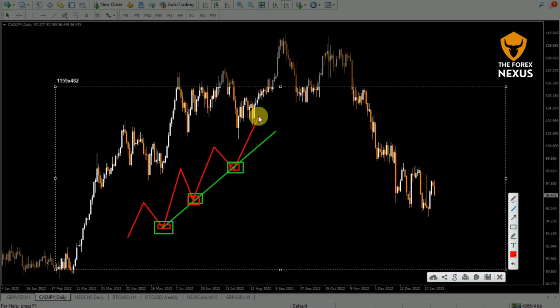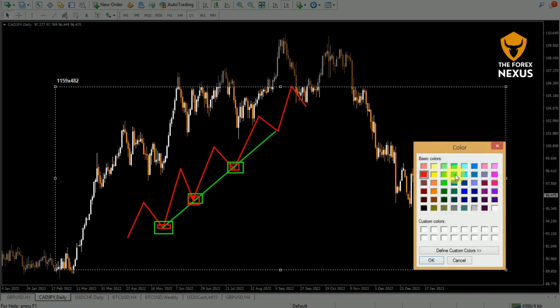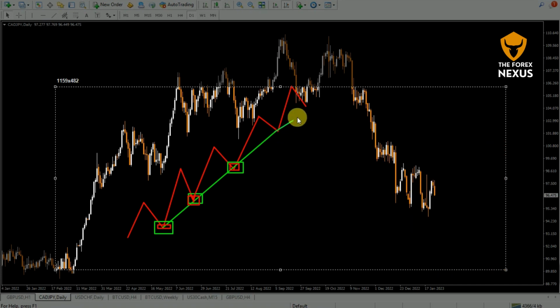Now if we get the fourth one and the fifth one, at this point we will consider it a weak rejection, because on the fifth point it may break out, and then the market can drop.